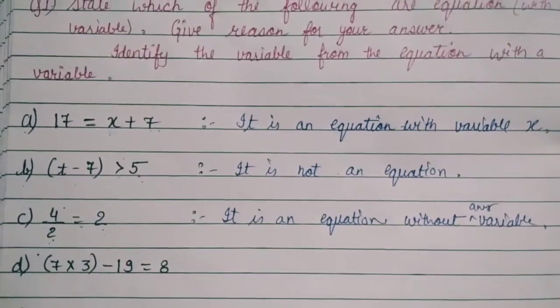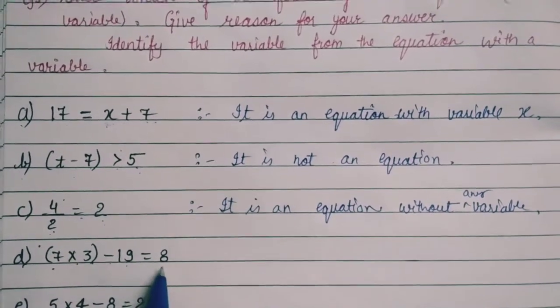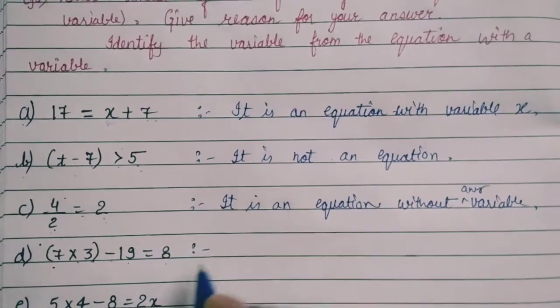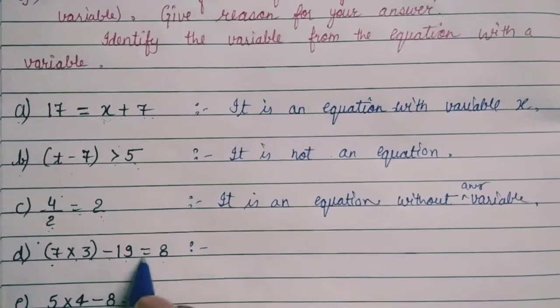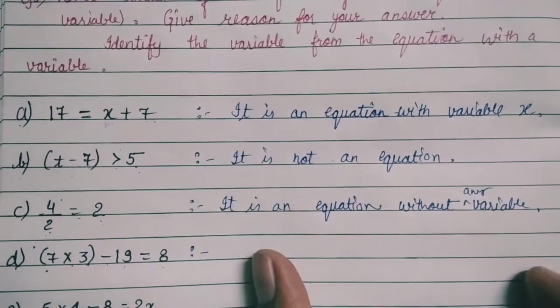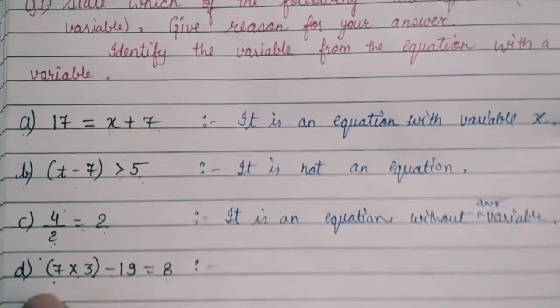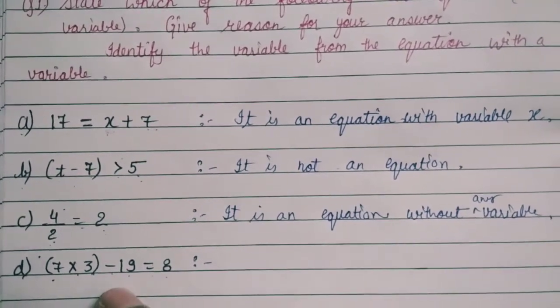Now D is 7 into 3 minus 19 is equal to 8. So this also contains the equal symbol in between both sides. So same as C, it is an equation without any variable, because there is no variable here.